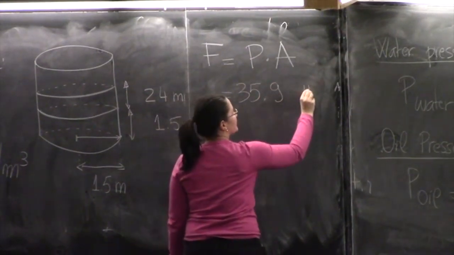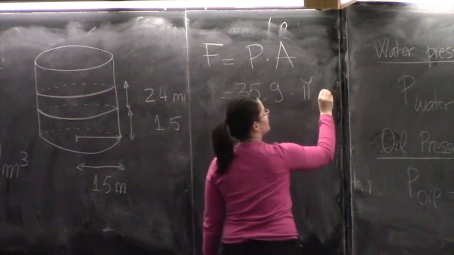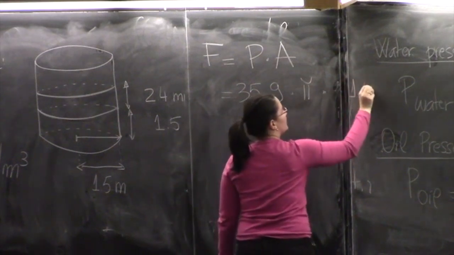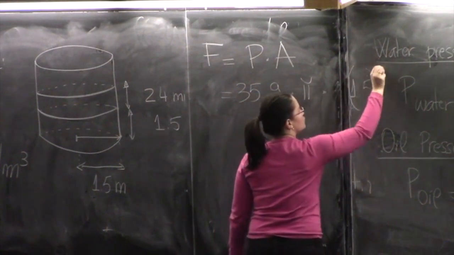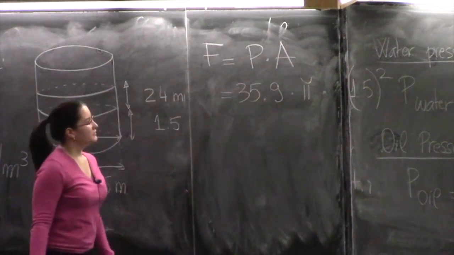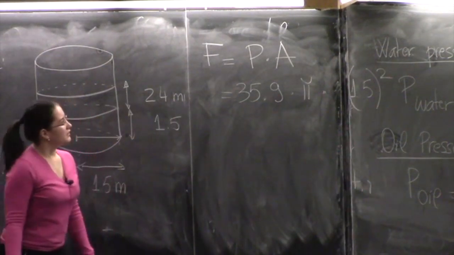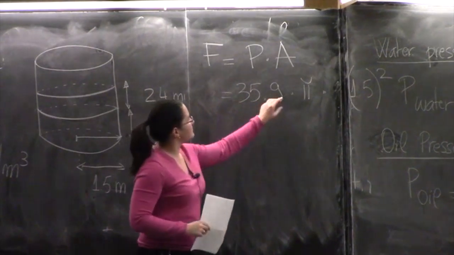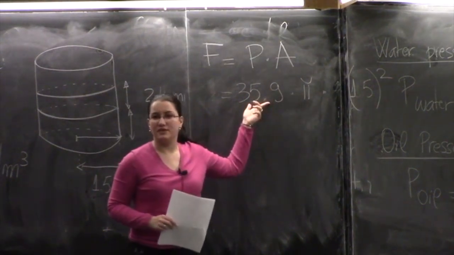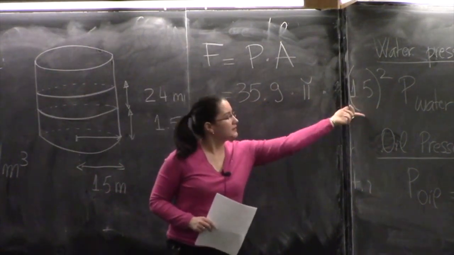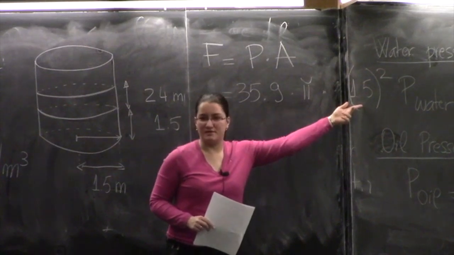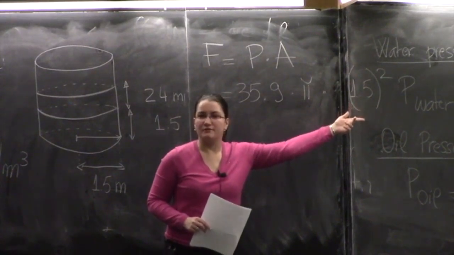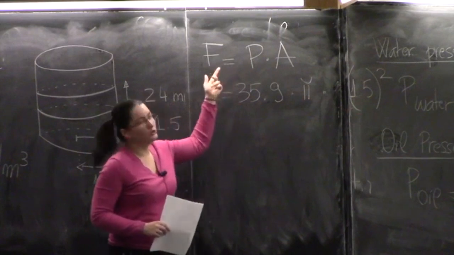And the area over here is 5 times 1.5 squared. And because the pressure was expressed in kilopascals and the area was expressed in square meters, we will get the final answer expressed in kilonewtons.